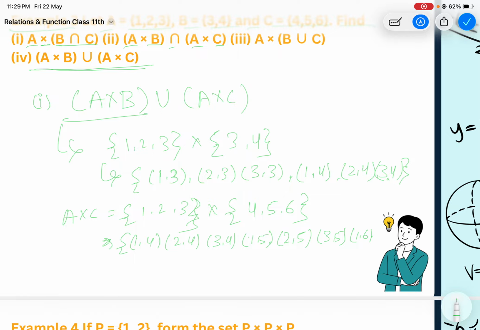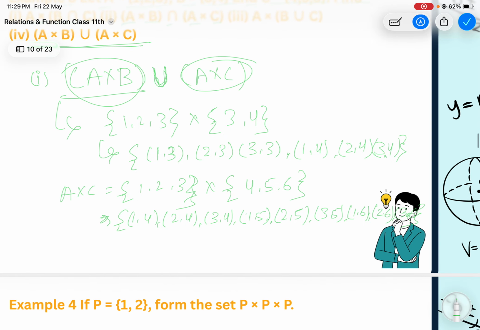Again (1, 6), (2, 6) and (3, 6), with a comma between all the pairs. So what it is saying is that whatever result you get from A × B and A × C, make a set where all these elements can be seen.